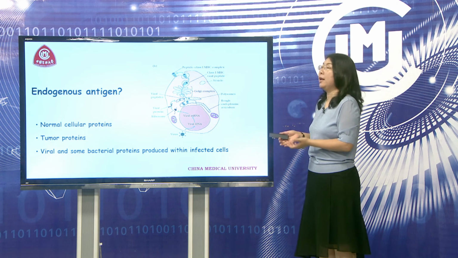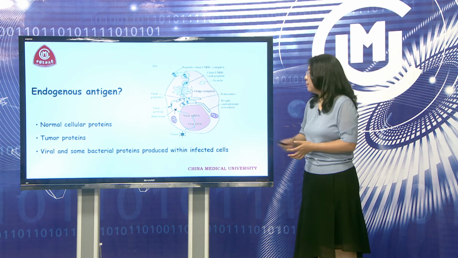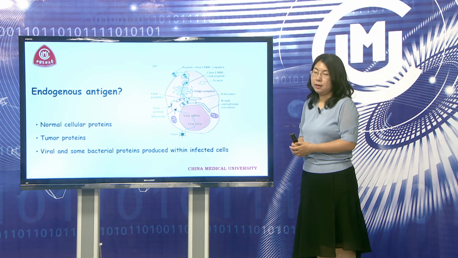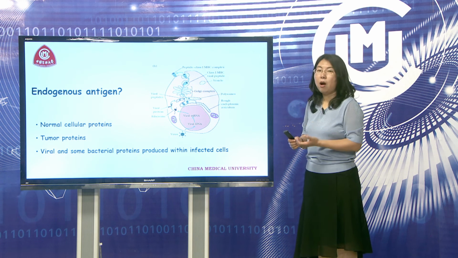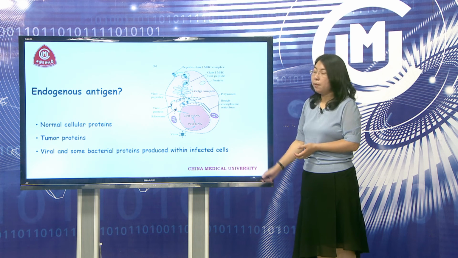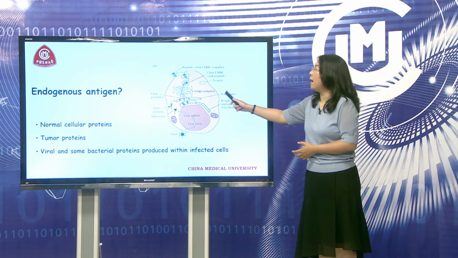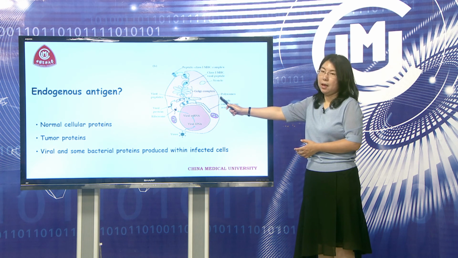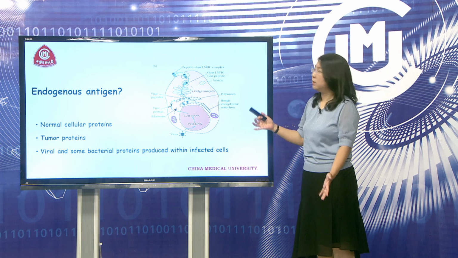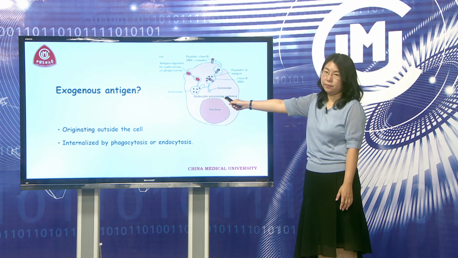So I give you the examples. Some dead virus, if engulfed by the cells, is it an endogenous antigen or exogenous antigen? For the dead virus, because they exist outside of the cell, right? And are engulfed by the APC. And they cannot grow inside because they already died, right? So they are the exogenous antigen.